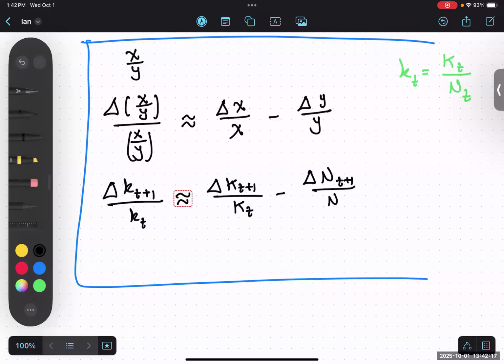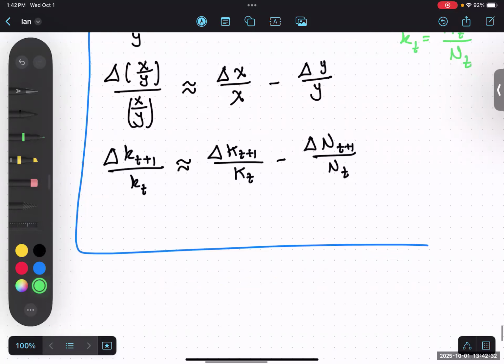population or labor, right? So one of the things that we're assuming in this model is that everyone in the economy works. So that's why I'm using population and labor interchangeably, right? And the other thing that you most likely learn in your courses is that according to the Solow model, we assume that population grows at the rate n.